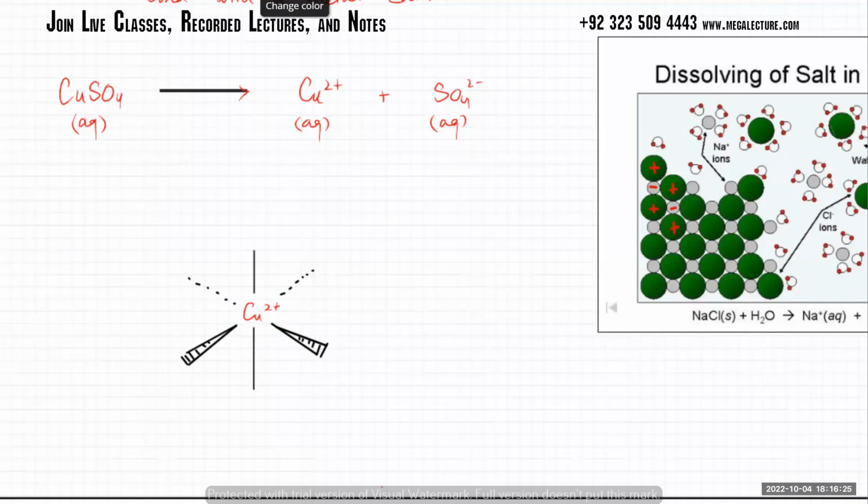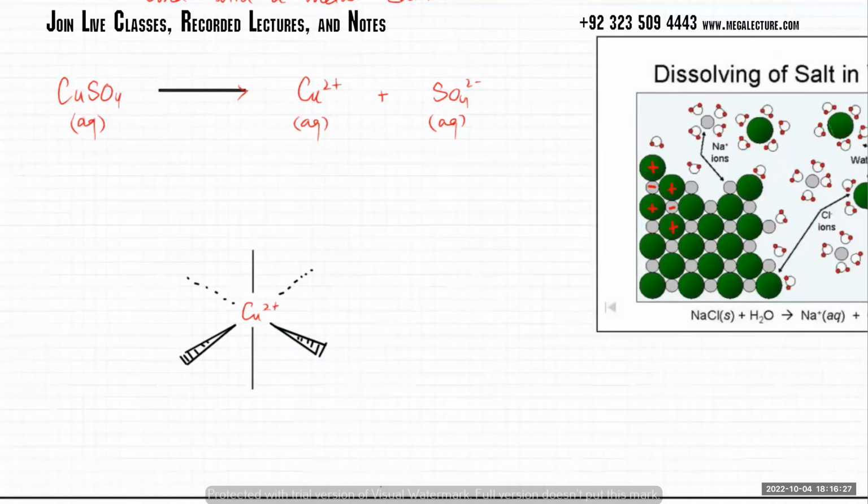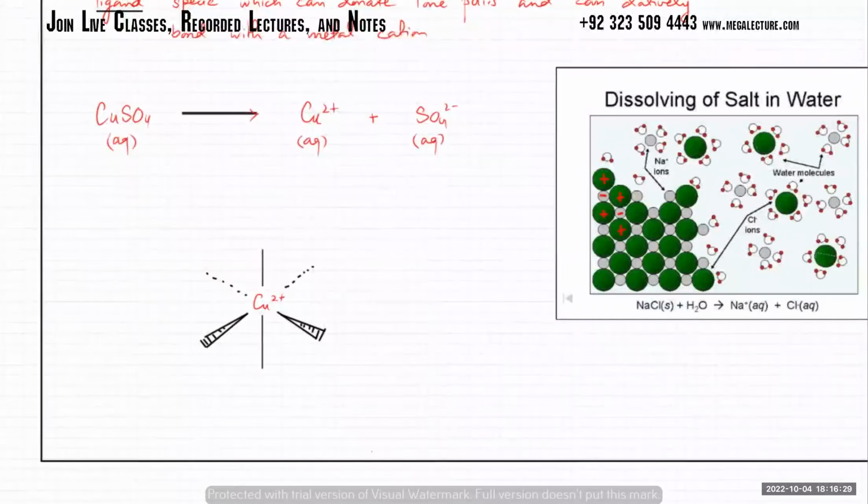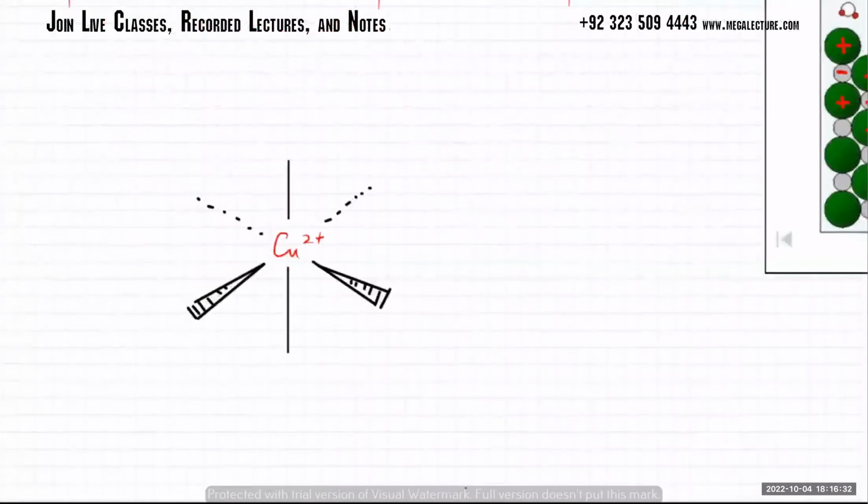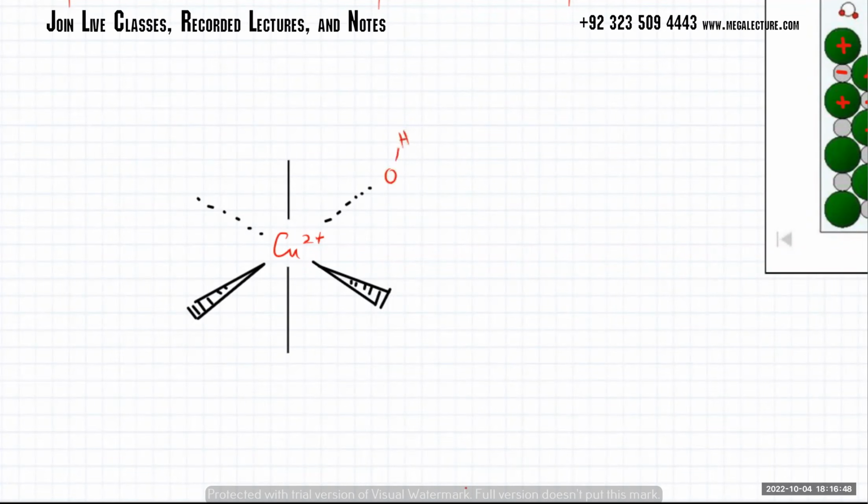Now, imagine this Cu2+ ion, just like in this picture, floating around in water. Water is a highly polar molecule. The water molecule has lone pairs, and those lone pairs are going to be attracted to these Cu2+ ions.